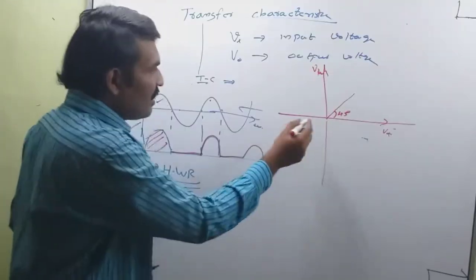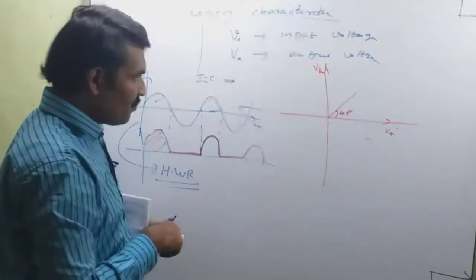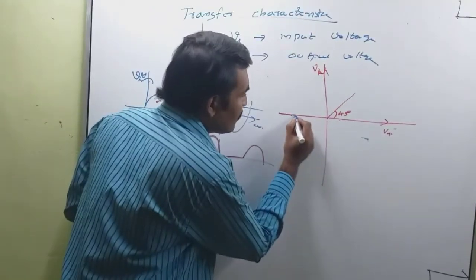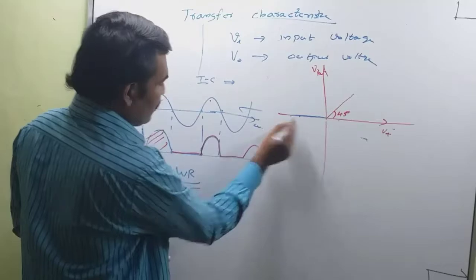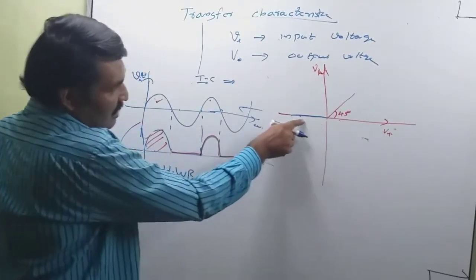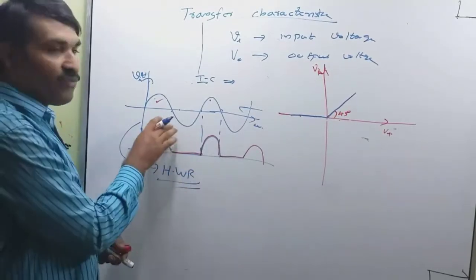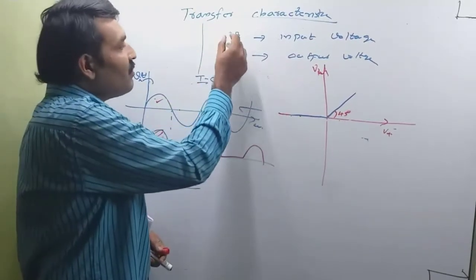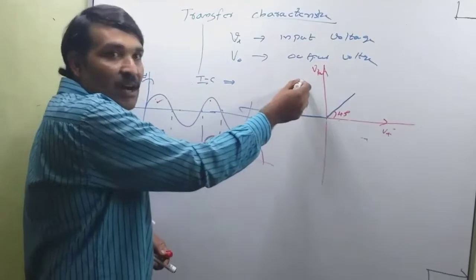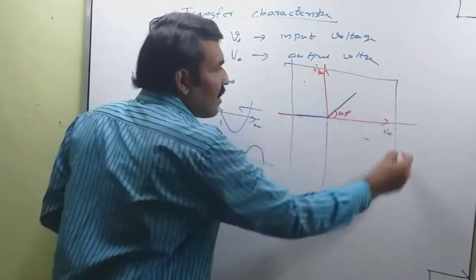During the negative half cycle, we have input but output is equal to 0. That means output is 0 but input is negative. So this is the Vi characteristics curve. We are plotting input against output in a graph.